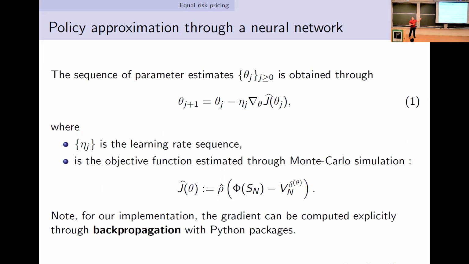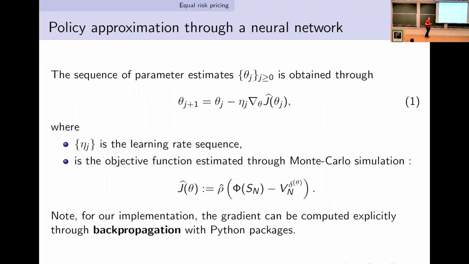This is just a quick recall of stochastic gradient descent. I'm not sure I have to go through this, but I'll go over it quickly. In stochastic gradient descent, you have a sequence of parameter sets that you hope converges close to the optimum value for the neural network. On each time step, the next set of parameters is obtained by taking the previous one minus some learning rate times the gradient of the objective function, which is the risk of the terminal shortfall, with respect to the various parameters.